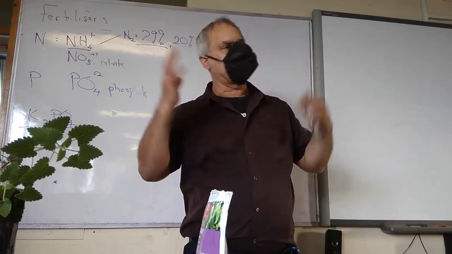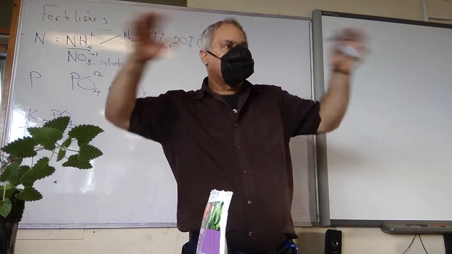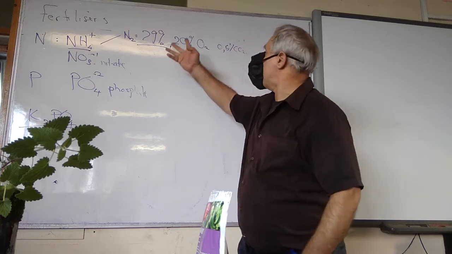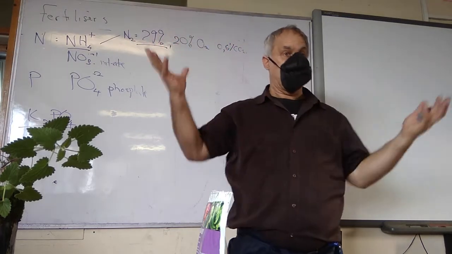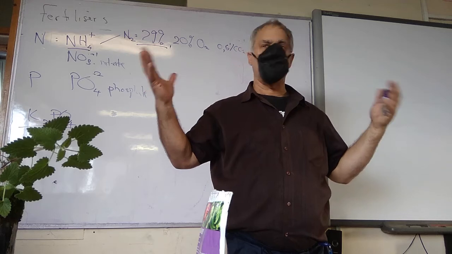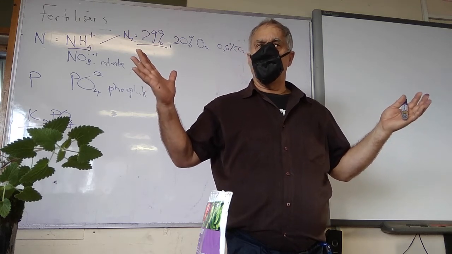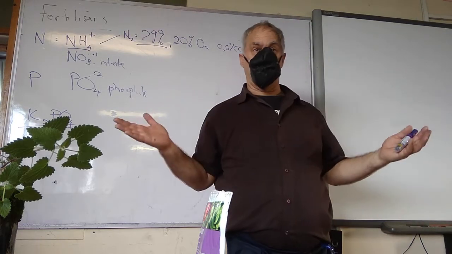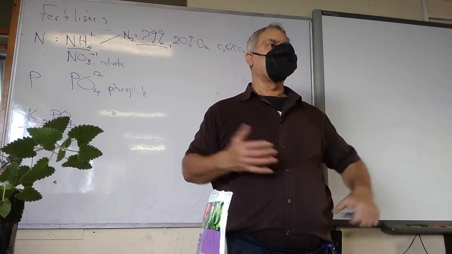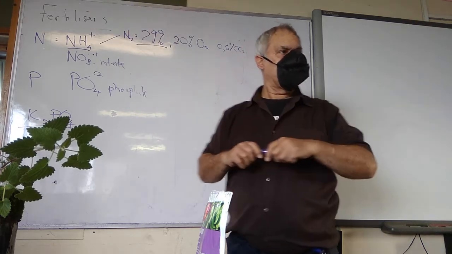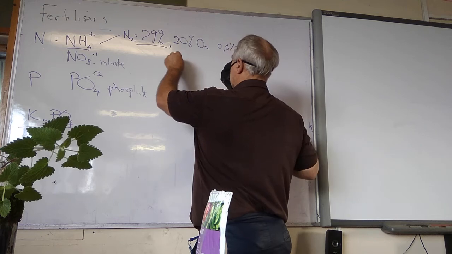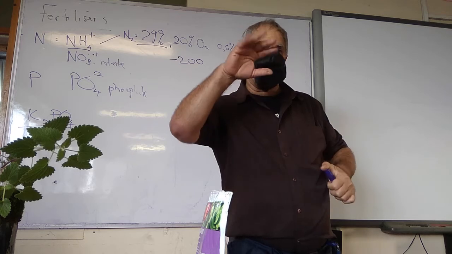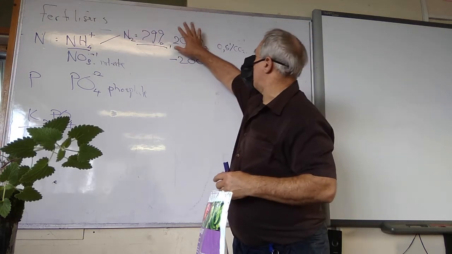So we get our nitrogen from the air. Anyone know how we can get nitrogen straight from the air? Breathe. You freeze it to minus 200 and it freezes into a liquid. Then you warm it a fraction and the oxygen stays frozen and the nitrogen boils off at about minus 196.